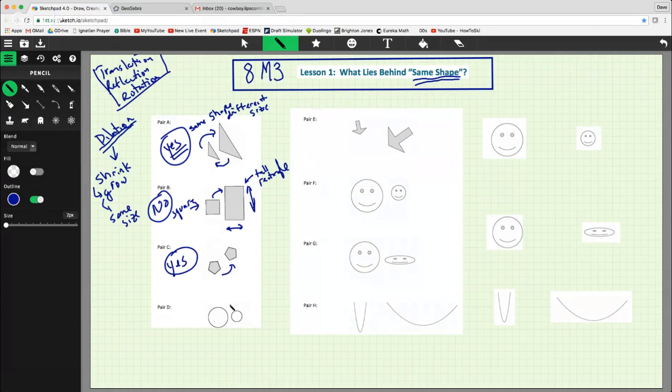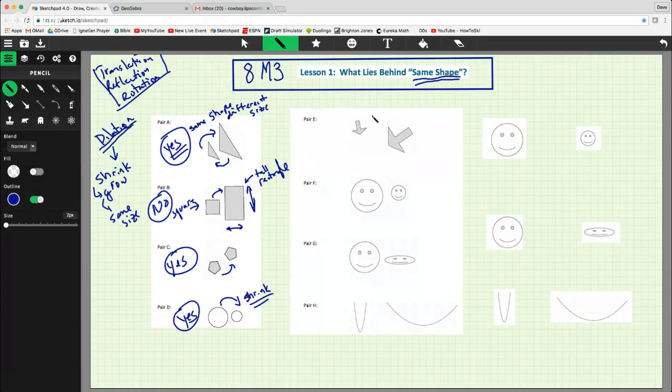D, what is this? Yeah, a circle, you take it to a smaller circle, this is a shrink. All circles are the same shape. They're all round. They're all perfectly round. So this is yes.